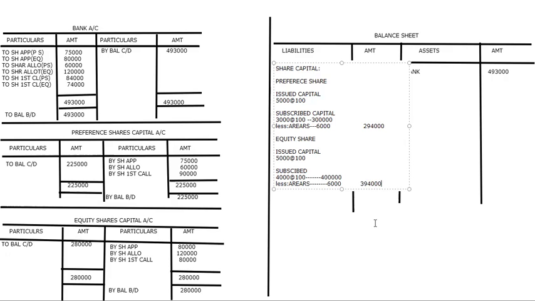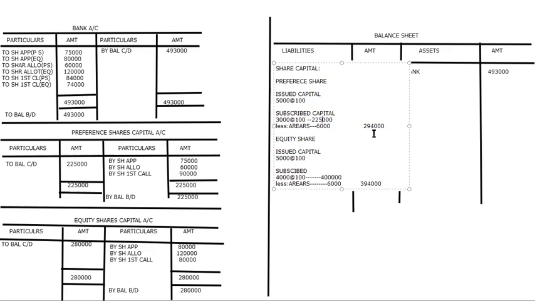Preference is 200 into 30, it's 6,000, and 20 into 300, it's also 6,000. So both the sides it's 300 only. So when we minus it, sorry, the actual amount is not that. We called only for how much? I'm going to write one more line, I have forgotten. 55,000.